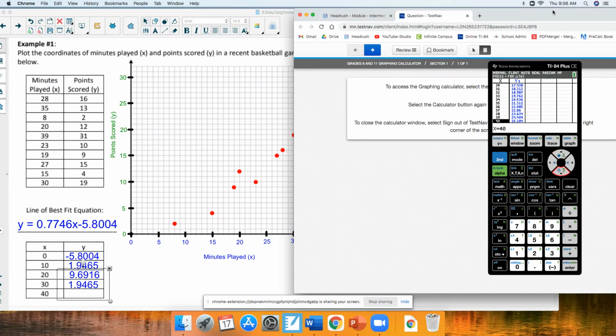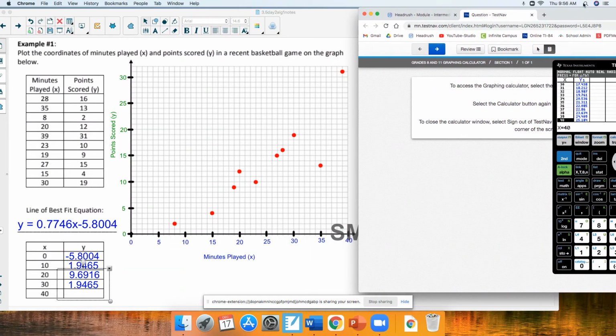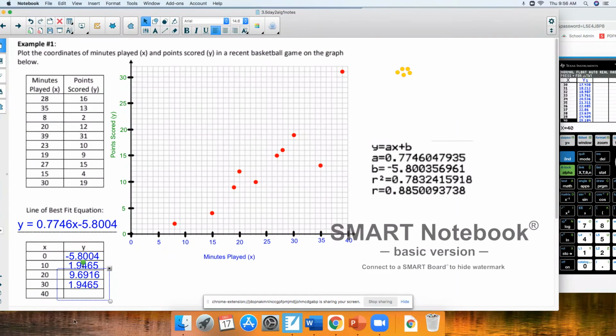All right. So 30 is going to be an assumption of 17.438 points scored. And then the last one is going to be around 25.18.